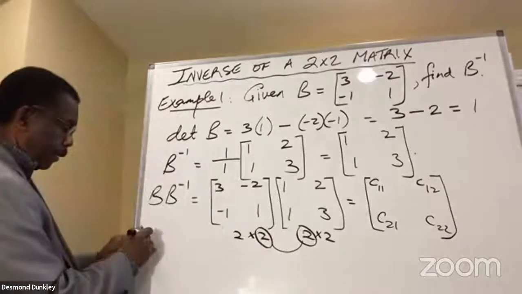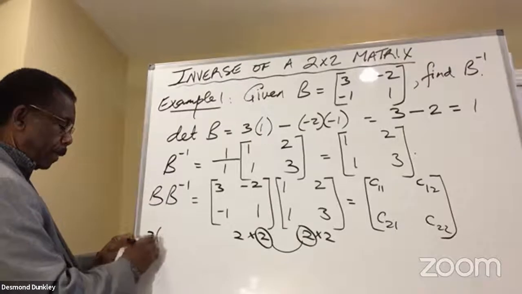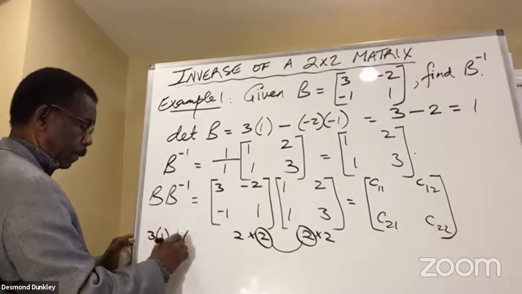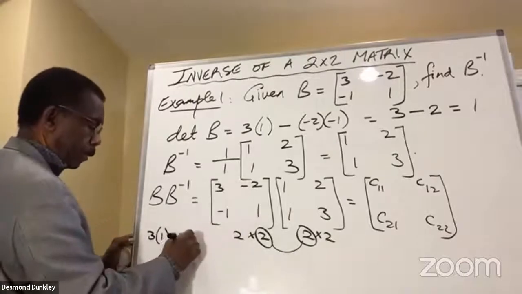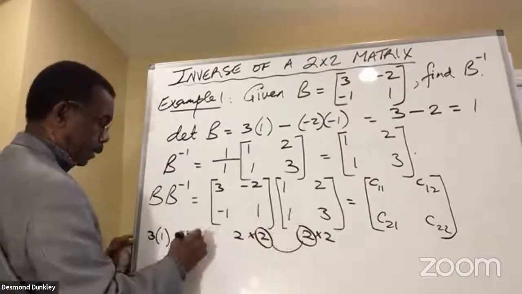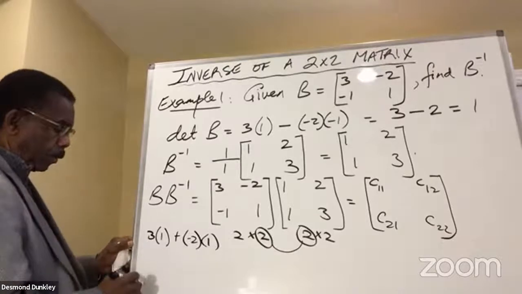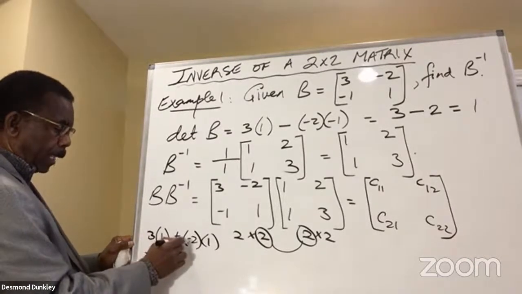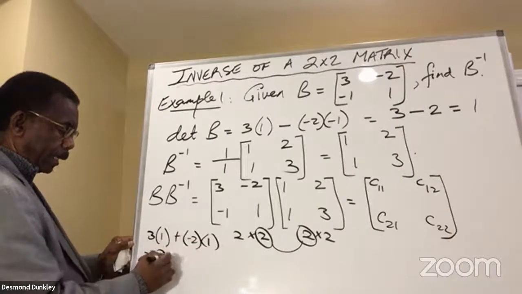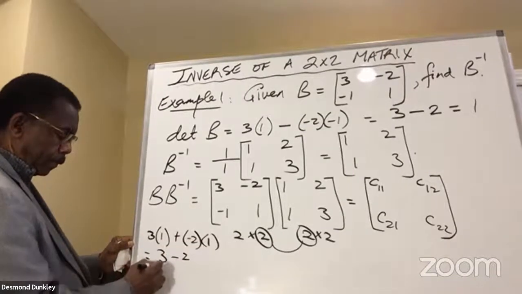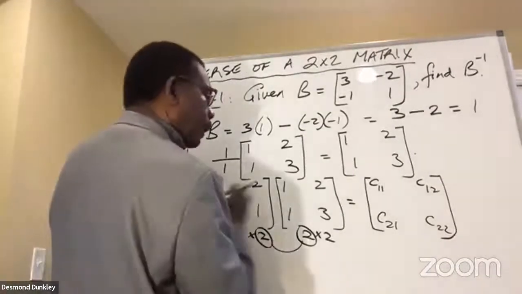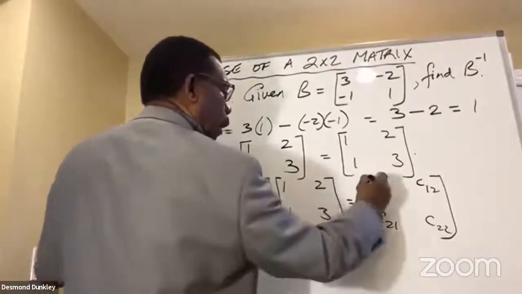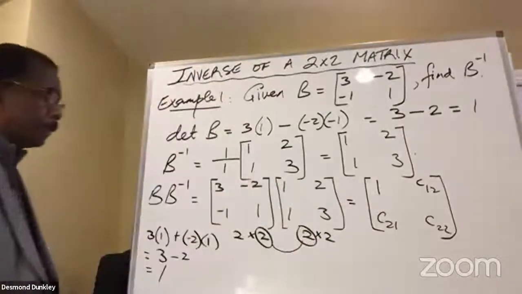So we take the first row, multiply times the first column. We end up with 3 times 1 plus -2 times 1. What do we get? 3 times 1 is 3. Well, -2 times 1 is -2. So the first entry is 1.